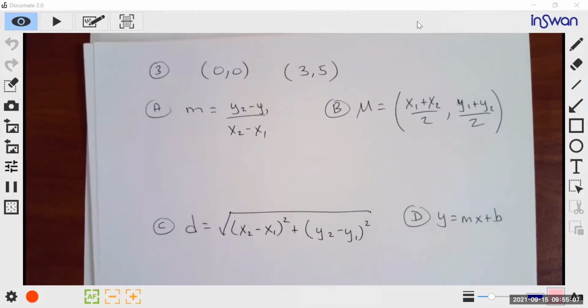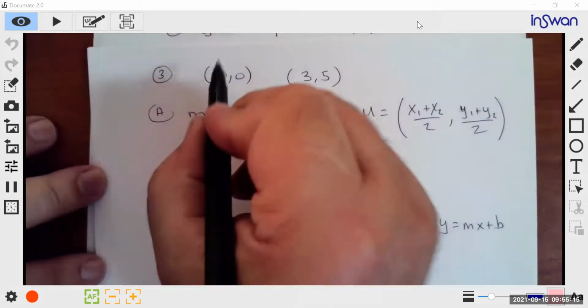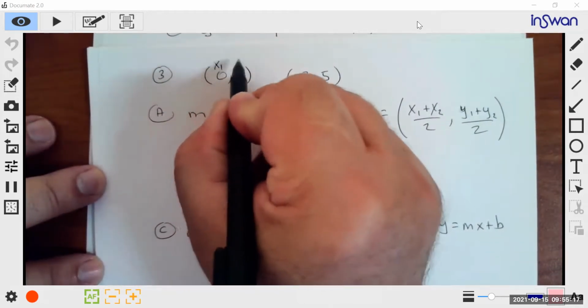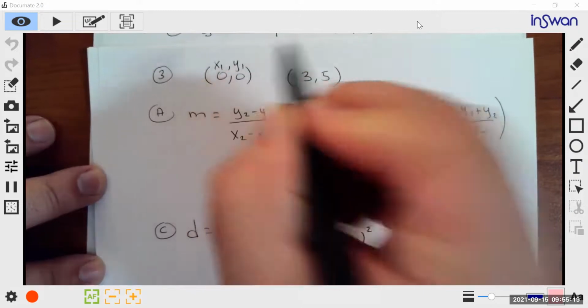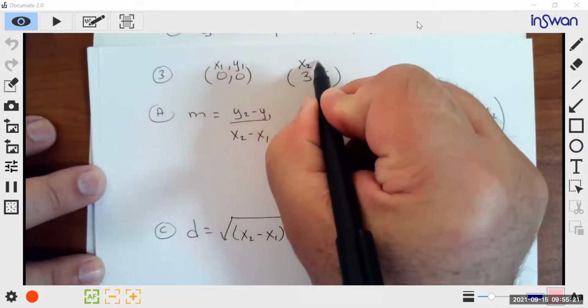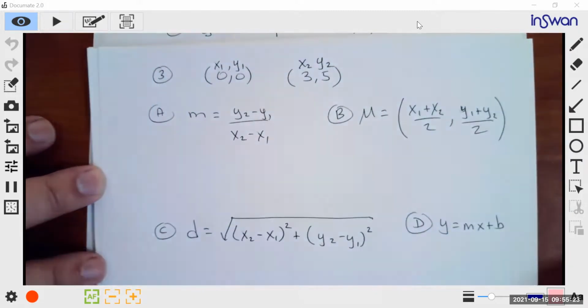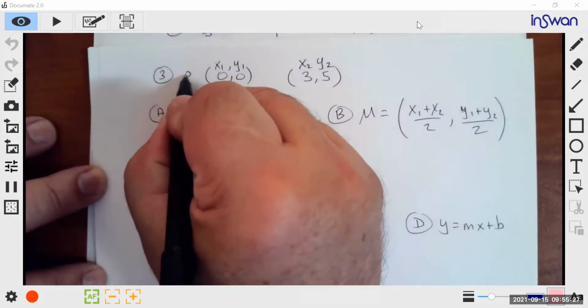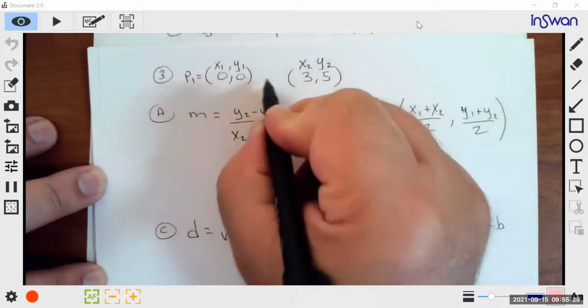It's best to just keep track of everything we cover, because this is point 1 and this is point 2.